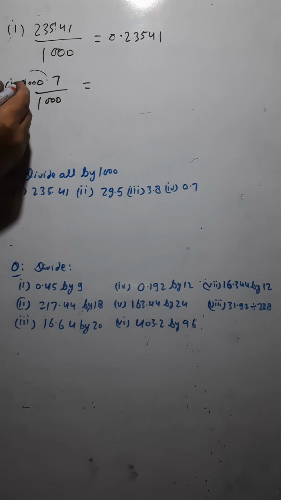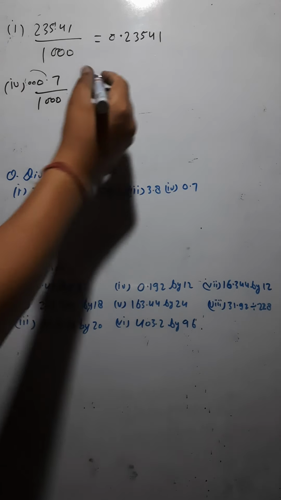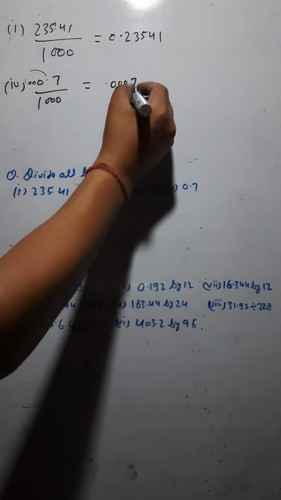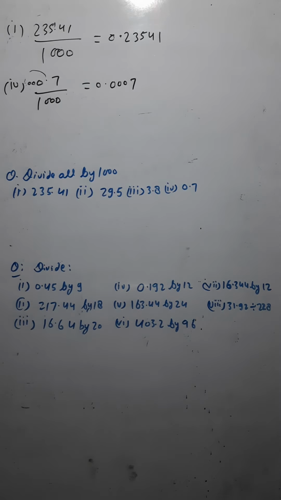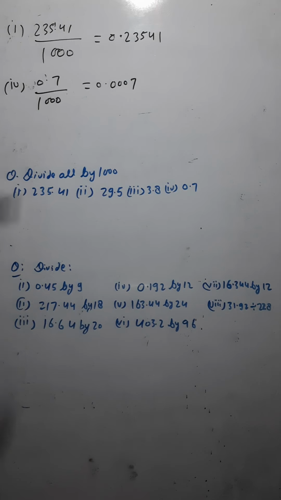Then this decimal would come here. So the answer would be 0.0007. Here also you can write 0. So that is how you would write the answer of the given question. And the rest of the questions you have to do on your own. Okay, now let's move ahead.